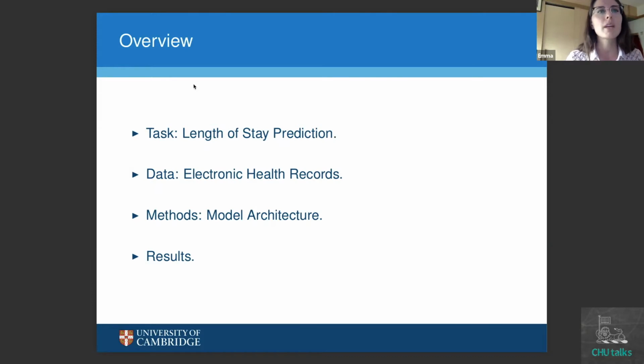Then I will talk a bit about the data itself, the electronic health records, which are data stored in hospitals and collected by doctors, and a bit about why they're difficult to work with using machine learning. Then I'm going to explain our model architecture and compare it to more established methods for modeling time series. And then I'll talk about the results.